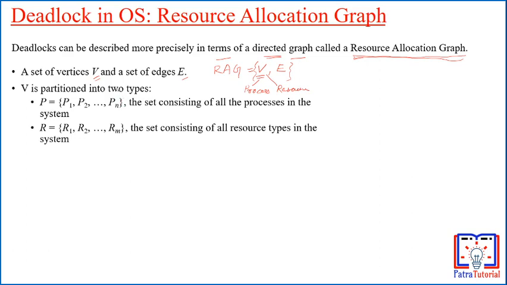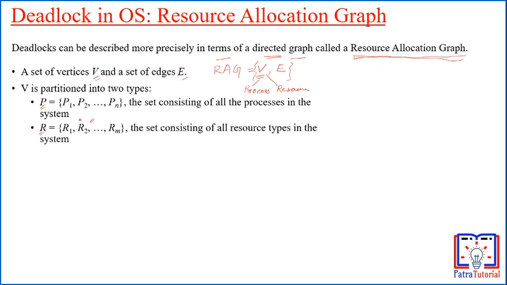So RAG is a set of vertices and edges, and the vertices are of two types. The first one is P, the set of processes, and the second one is R, the set of resources. As I said earlier, each resource may have more than one instance, which I will discuss later on.